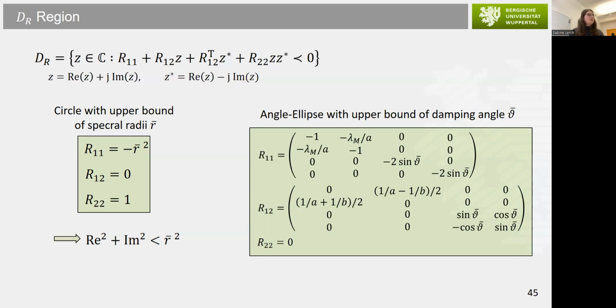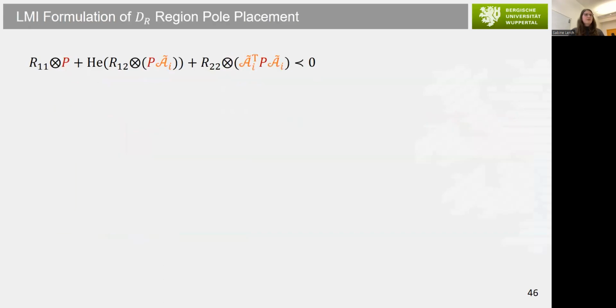So what we want to do is to find conditions that guarantee that all eigenvalues of the closed loop lie inside such a DR region with this parameter setting and with a small damping angle of theta bar. And this is what I want to do now. So with the quadratic Lyapunov function, this inequality follows, whereby this is the Kronecker product. And I mark again the decision variables in red and the matrices containing decision variables in orange.